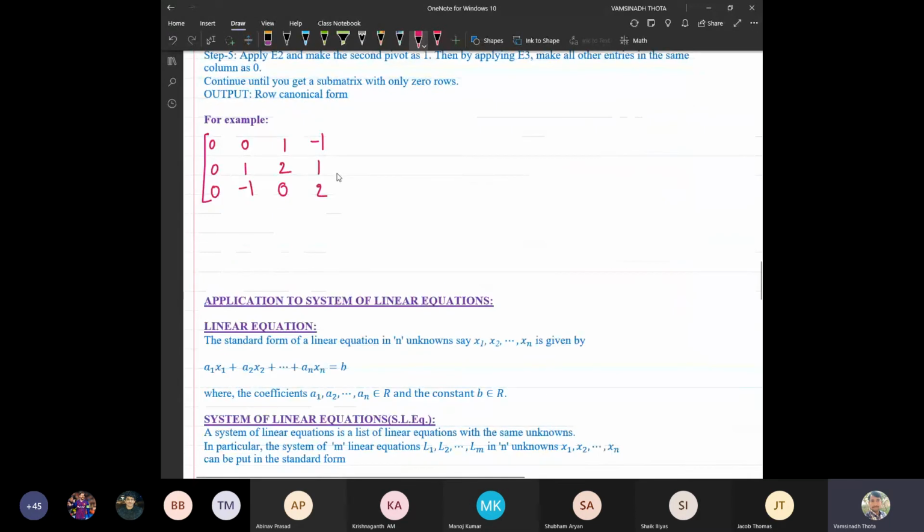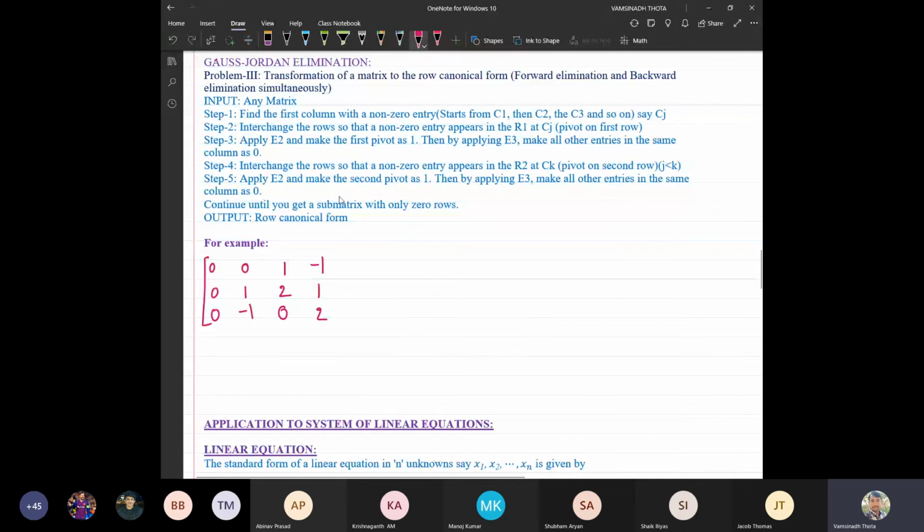Or did I make a mistake? Yes. So this is the matrix we started with. We have already transformed it to echelon form, and then to row canonical form also.